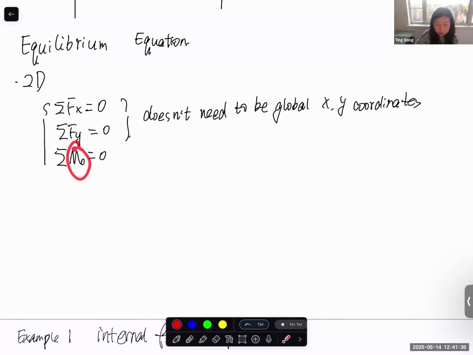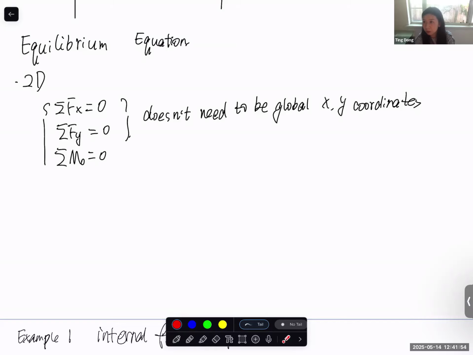And of course, for the moment about a certain point, this point can be any point you want to use. But most of the time, we want to find the point that simplifies your calculation, which can eliminate most of the forces. We'll talk about this later, but the point is it's your decision which point you want to use.